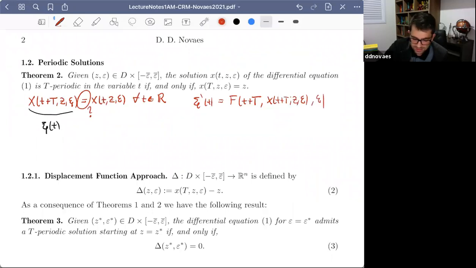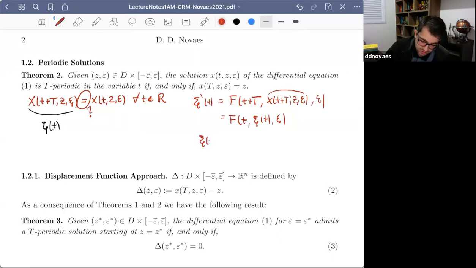Now I use the information that F is T-periodic in the first variable. So this is equal to F(t, x(t + T, z, epsilon), epsilon), which is our function C. So C is also a solution of differential equation 1. Now I have to check the initial condition.